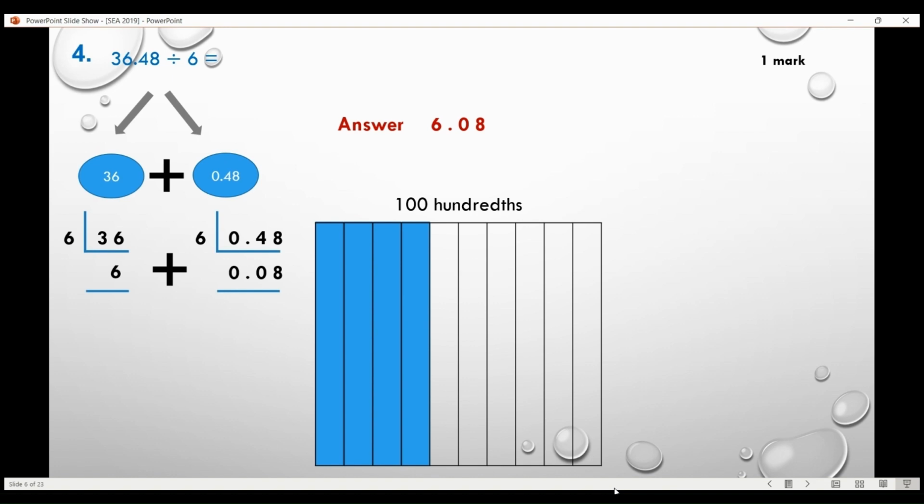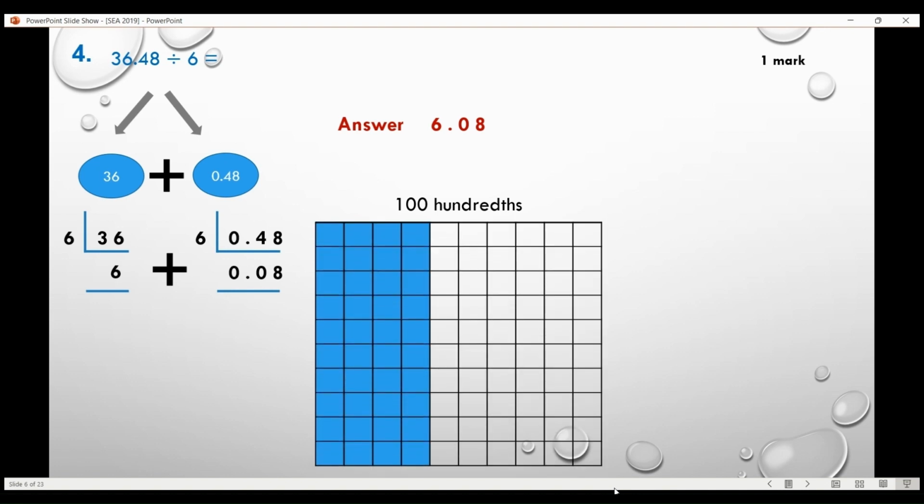And if we're trying to figure out what's happening with the 8, it is in hundredths. So if we overlay another group of 10 running horizontally this way, now what do we have? We have 10 tens. So we've broken up the whole. Just now we broke it up into tenths, and now we broke it up into 100 parts.